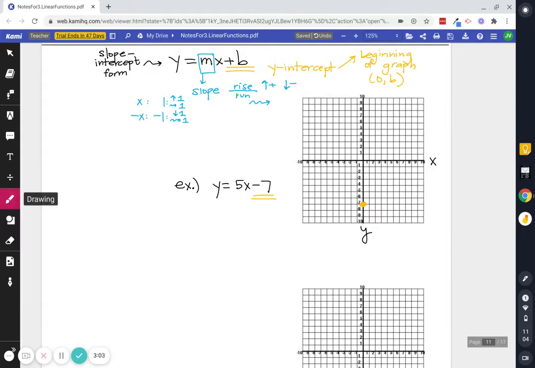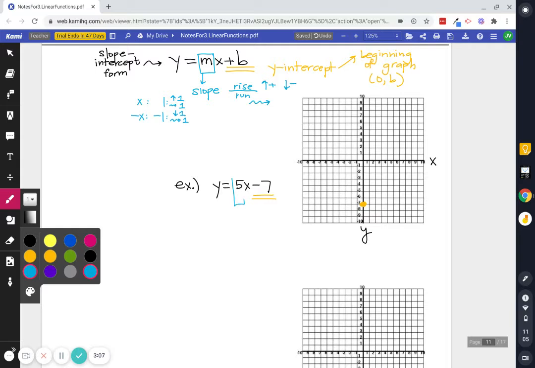So I've got my y-intercept plotted, my orange dot. My slope is 5. That means I have a rise of 5 and a run of 1. If there's nothing in the run spot, put it over 1. So I'm going to rise up 5 and run to the right 1, and that's where I put my next point.